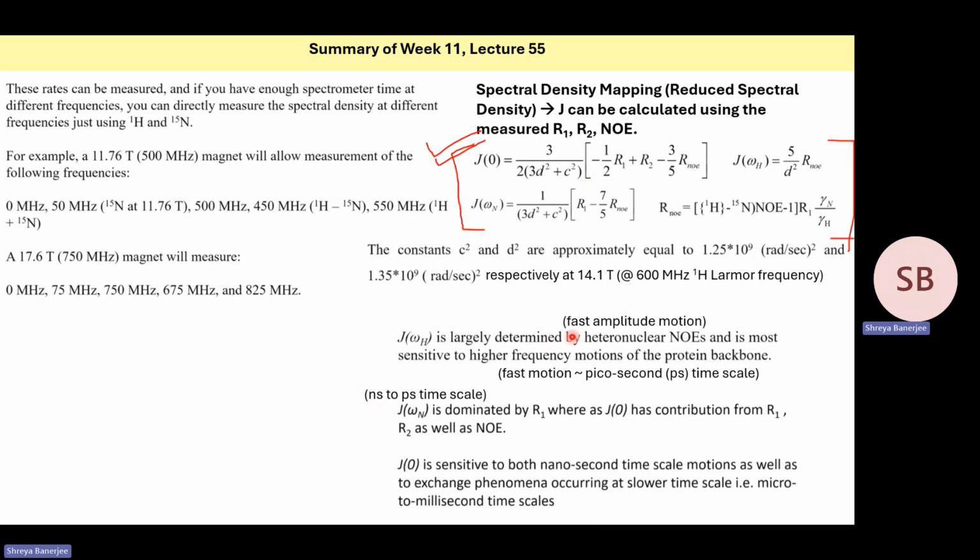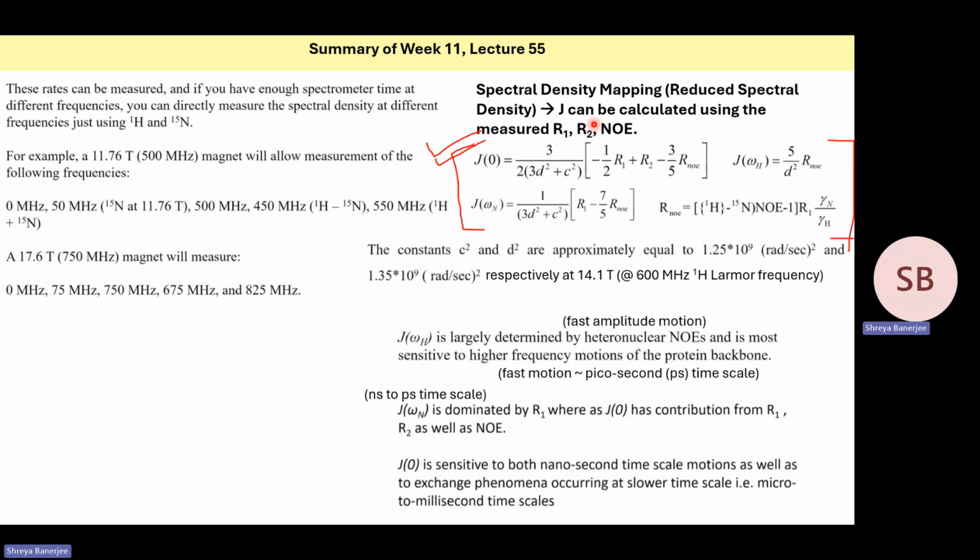So from the 3 observable quantities R1, R2, and NOE, we can calculate J omega h, which will tell us about very fast motions in the picosecond time scale. We can calculate J omega n, which will tell us about motions from nanosecond to picosecond time scale, and J0, which will tell us about nanosecond time scale motion, as well as exchange phenomena happening in the micro to millisecond time scales.